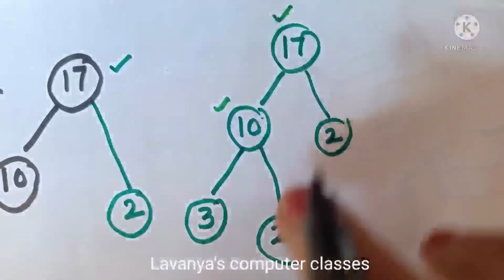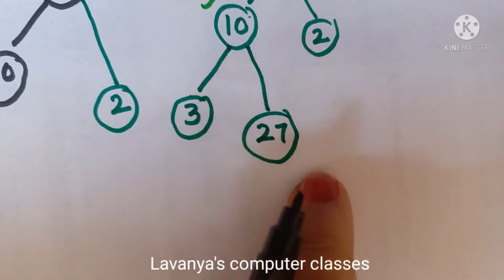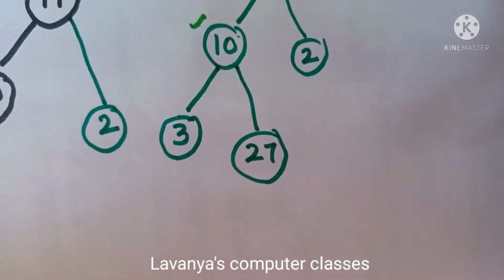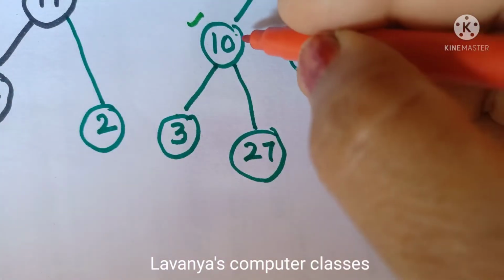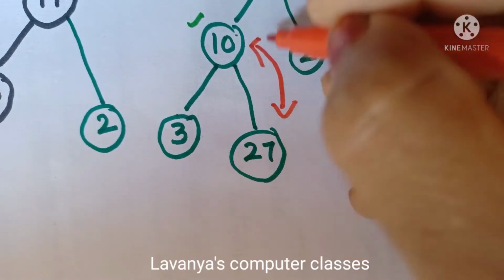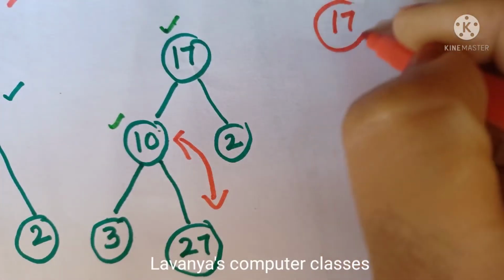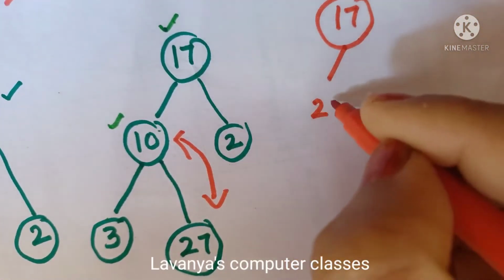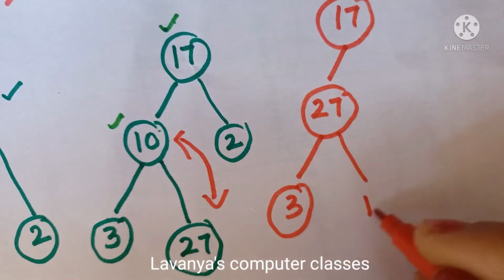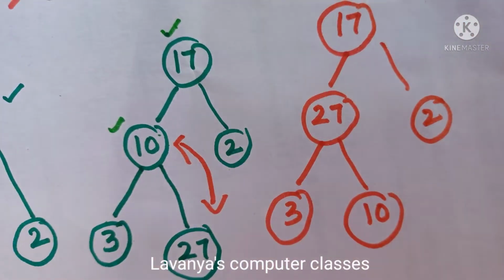But coming to 10, its children are 3 and 27. 3 is smaller than 10, but 27 is not smaller than 10. So, according to the max heap property, we swap 27 and 10. After swapping, 27 comes into 10's place, then 3, then 10 is here, then 2.